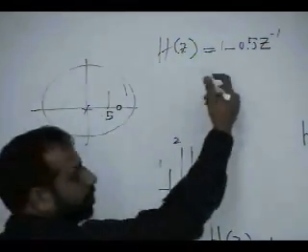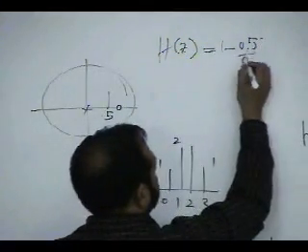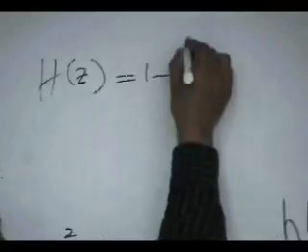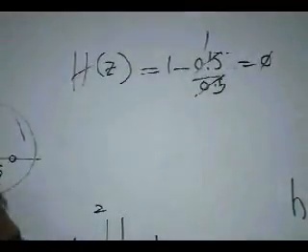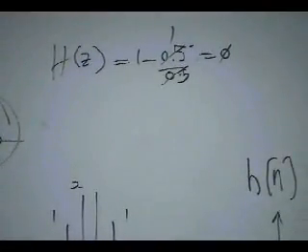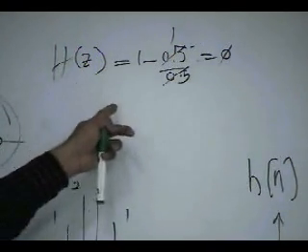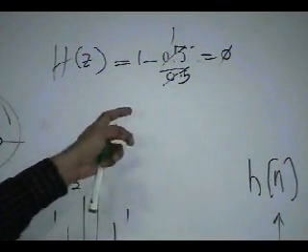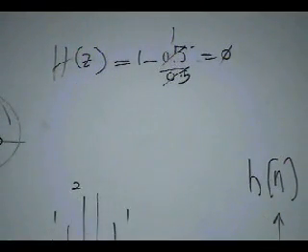If z is 0.5, z inverse will be 2, so it is 1 minus 1, which is 0. So 0 is in fact the root of the polynomial if you put the numerator equal to 0. That is what a 0 is. So at 0, your h of z will be 0 for sure, no question about it. Pole is that h of z is infinity at pole, because it is root of the denominator.